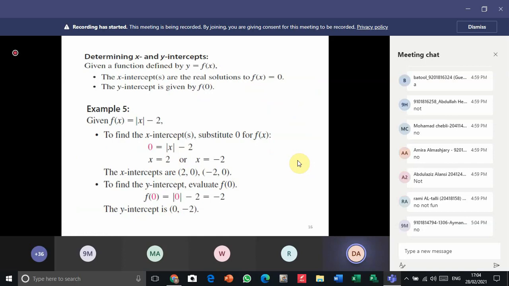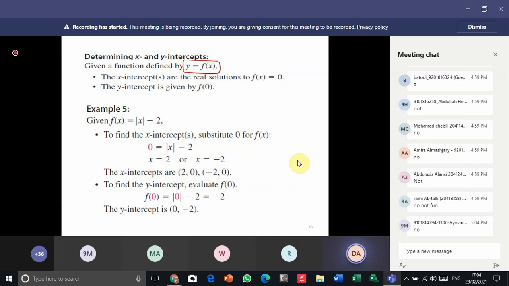Determine the x and y intercept for the function. The function is y equal f of x, but I need to change the color. Y equal f of x equal y. Okay.